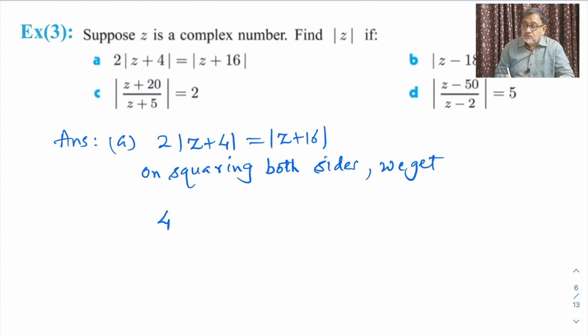So 4 into modulus of z plus 4 bracket square is modulus of z plus 16 bracket square.